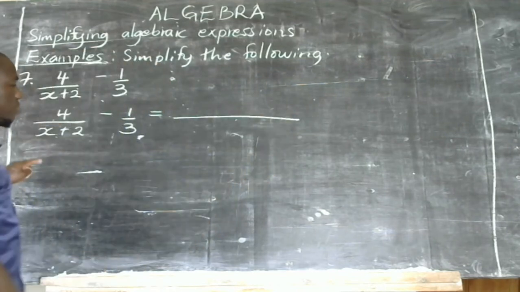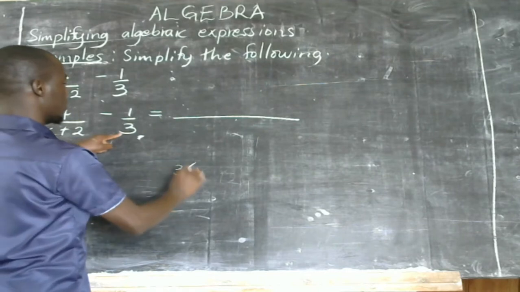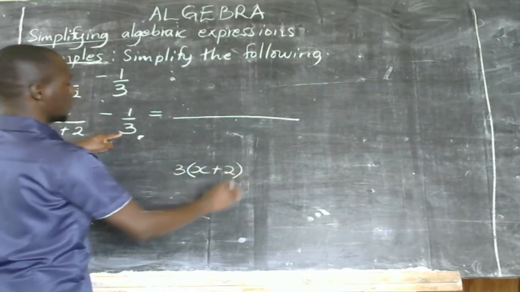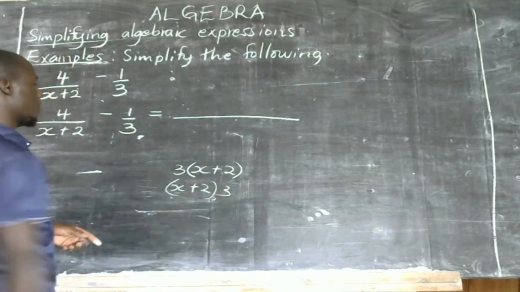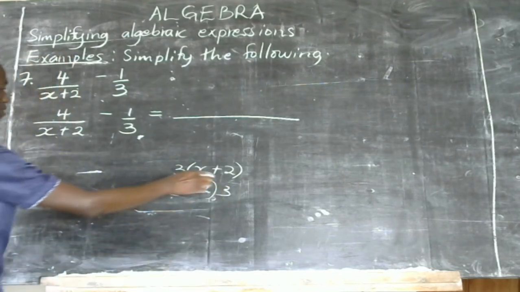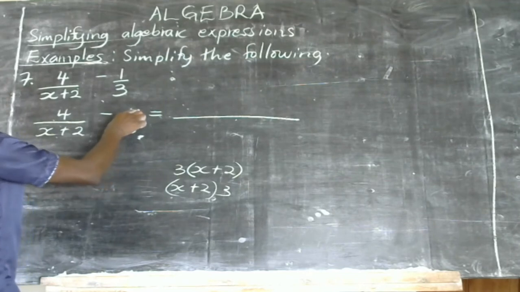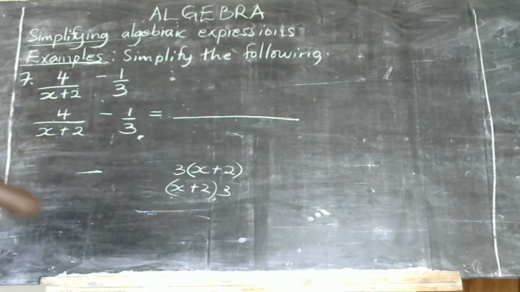So the LCM is going to be 3 times the x plus 2, or x plus 2 times the 3. So I get the LCM, I multiply it here, and I also multiply it there.